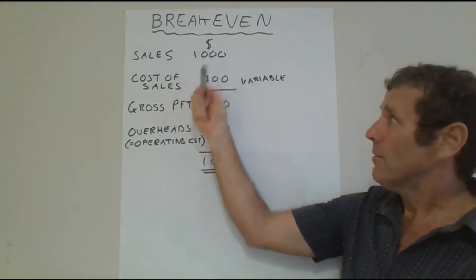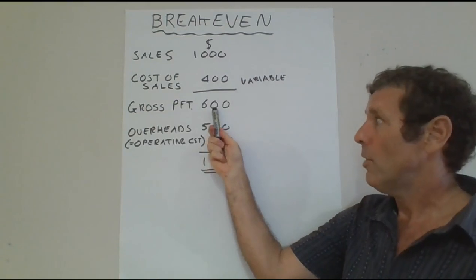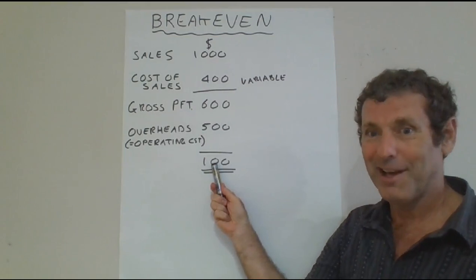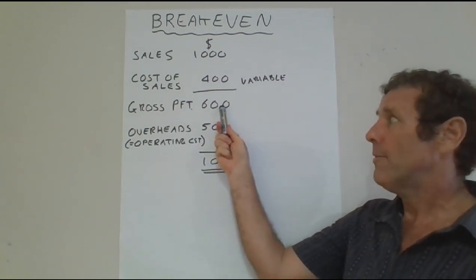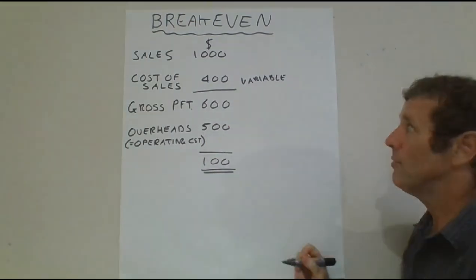And when we take cost of sales away from sales, we're left with gross profit, which is what we've got left to pay overheads and hopefully have some profit left at the end of the day for you as a business owner. Gross profit is often expressed in percentage terms, as a percentage of sales.